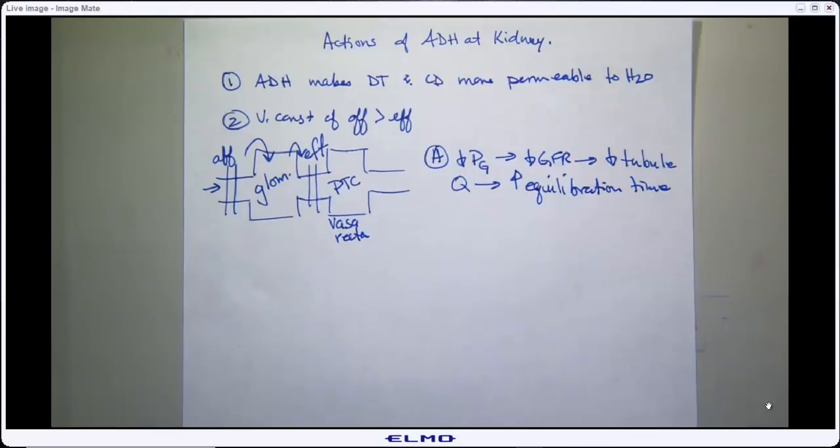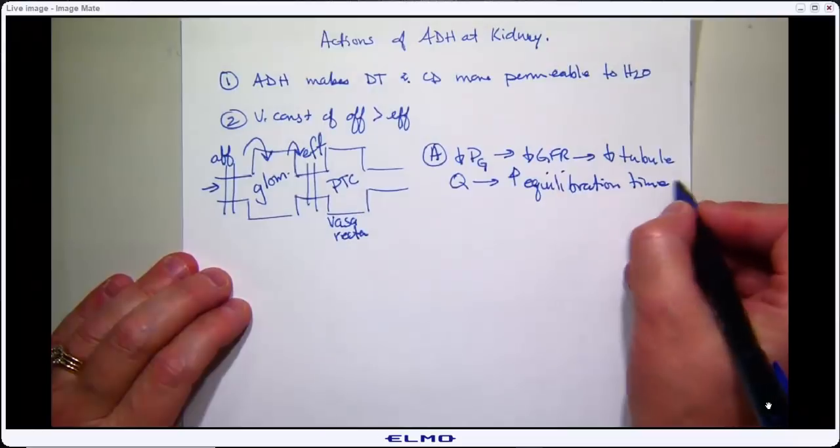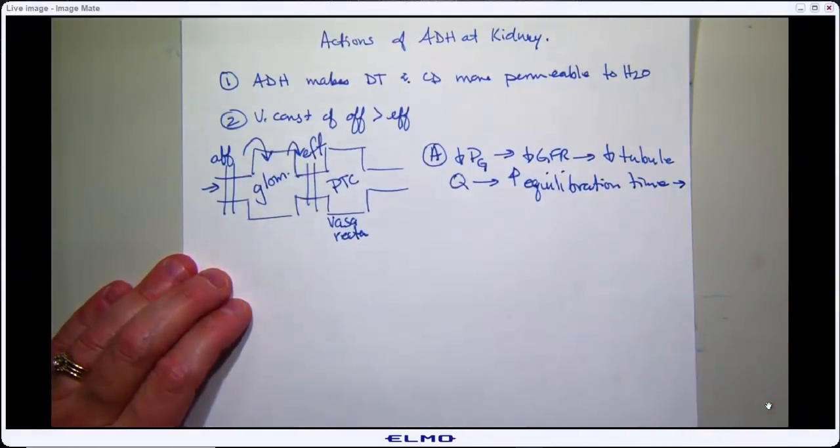Now, critically, this means that I'm going to spend more time at the thick ascending limb of the loop of Henle, by those transporters moving ions out, okay? I'm going to increase my equilibration time.